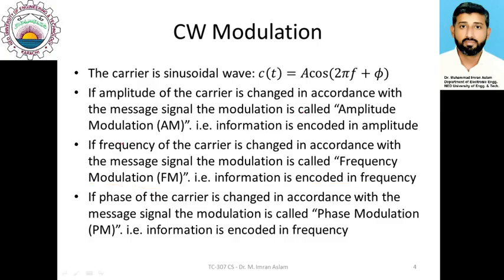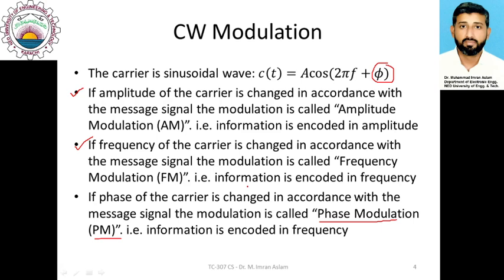Third case is the phase. Third parameter that we can exploit in representing the information is the phase of the carrier signal. So in a similar way, as I said for amplitude and frequency, phase modulation, or PM, occurs when we change the phase of the carrier wave in proportion to the amplitude of the message signal.